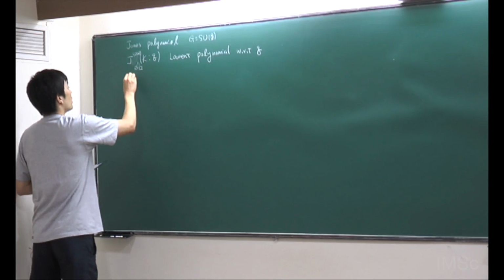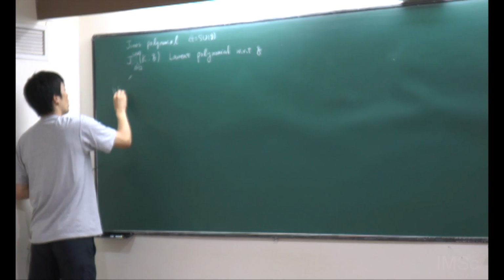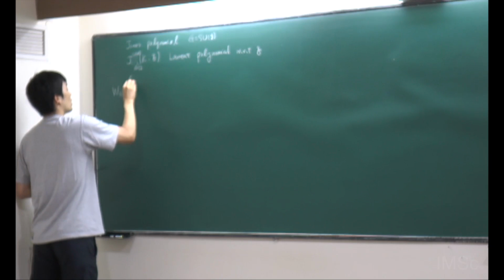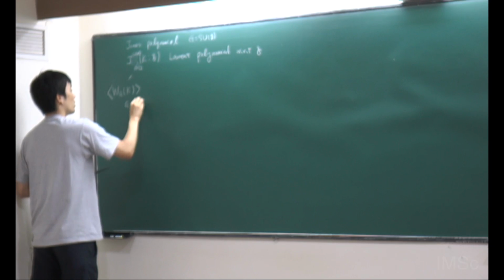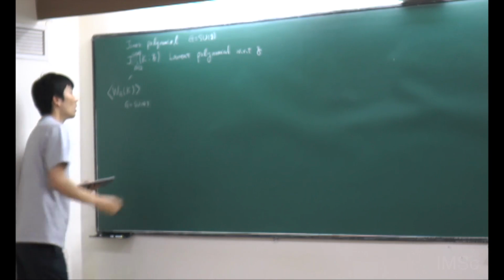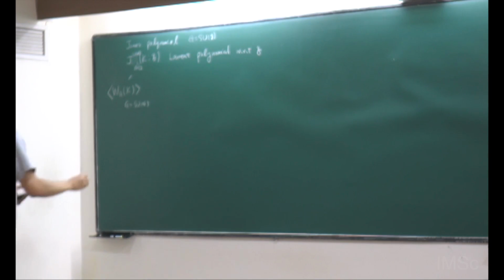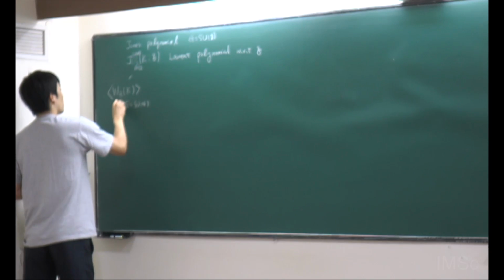Sorry, I should mention this is the same as the Wilson loop expectation value when G is the gauge group SU(N), and R in this case is the fundamental representation.